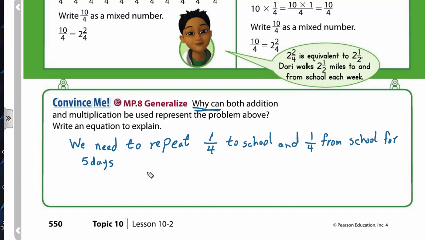Because we need to repeat it, we can add 1/4 plus 1/4 plus 1/4 plus 1/4 10 times, or just write 10 times 1/4.